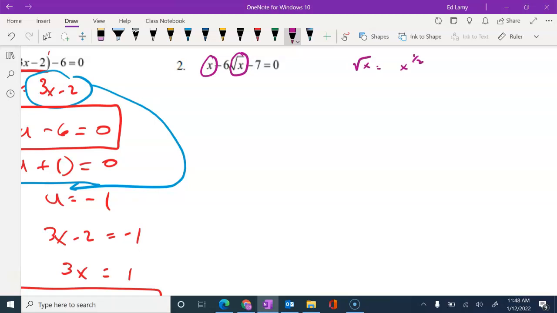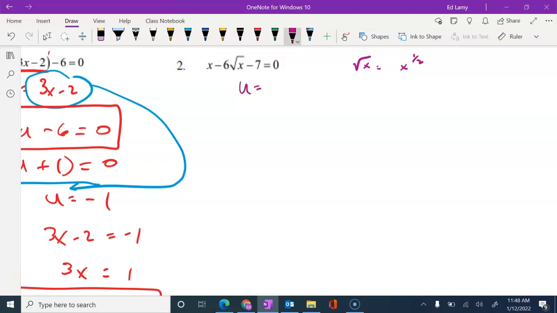So that middle term has an exponent of 1/2, and the first term has an exponent of 1. So they do differ by double. You have to double x to the 1/2 in order to get x. So we can use u substitution.